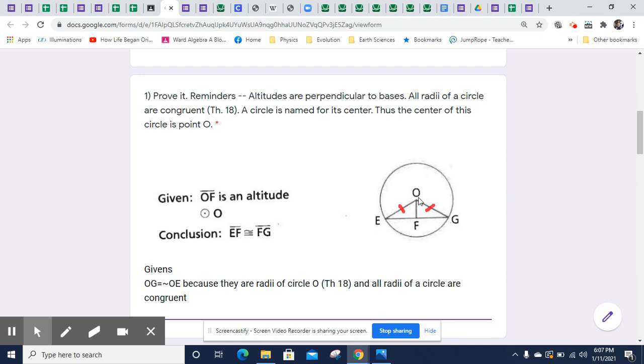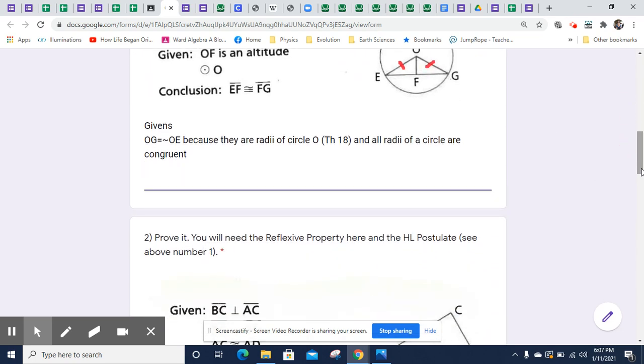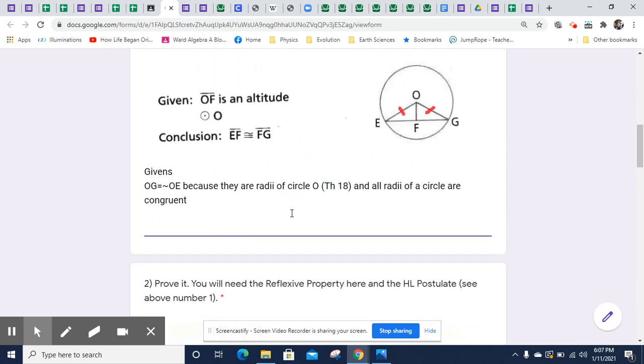Now we can add that angle OFE is right, and also OFG is right. And we know that, actually, we probably should say OF is perpendicular to EG. Let's scroll down a little bit. So we can say that OF is perp to EG.